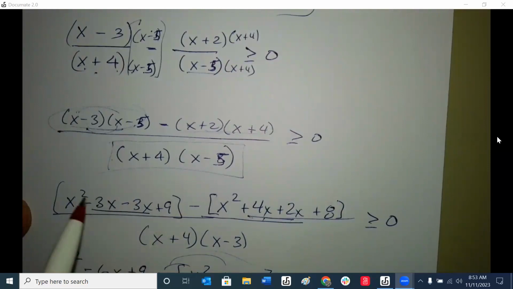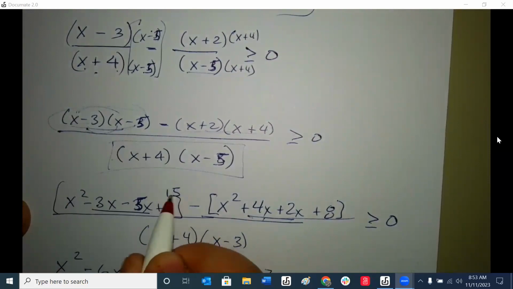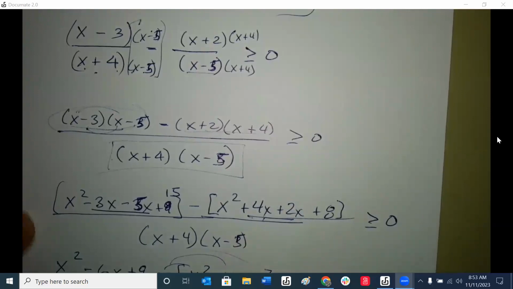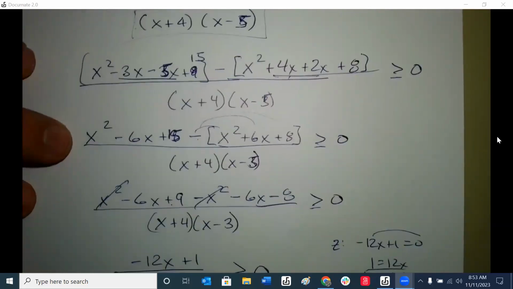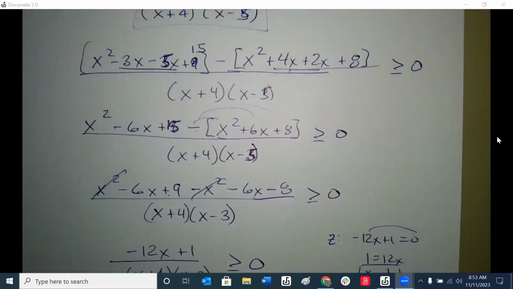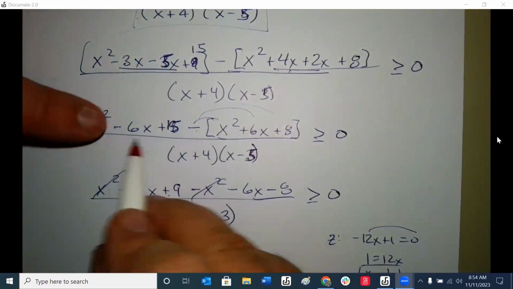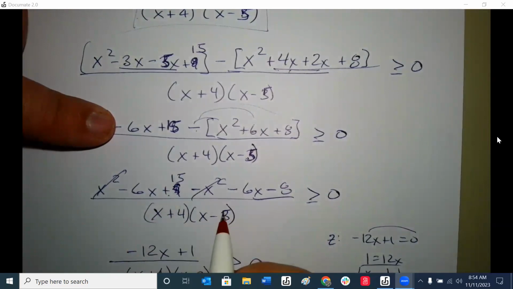So here's what, so it's going to be, this would be minus 5x plus 15. So it's going to be 15 here. That's 5. This is 15. And that's a 5.